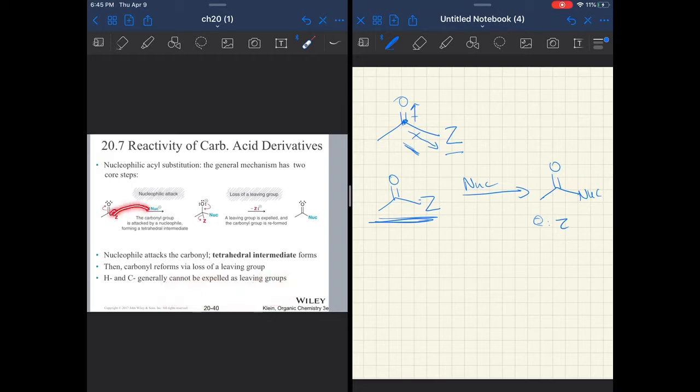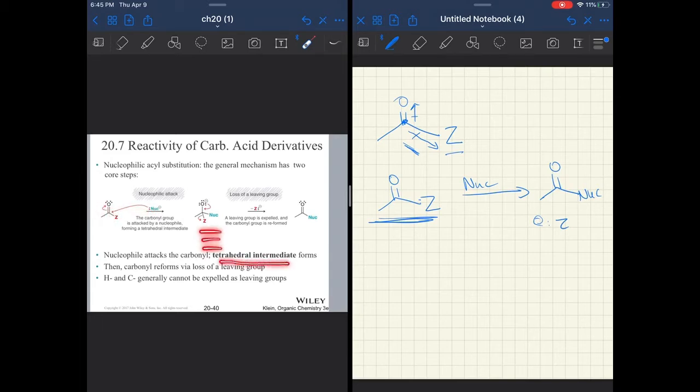Your nucleophile attacks in one step, the leaving group leaves in a second step. This is not an sp3 carbon, so it just behaves differently than the substitutions you learned on alkanes or alkyl halides. You are always going to open up that pi bond and make a tetrahedral intermediate.